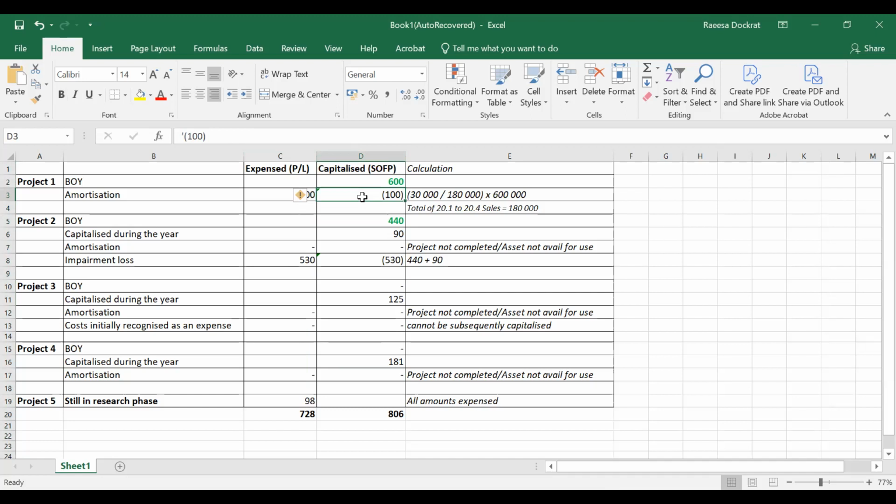Then if we look at project 2, it tells us that 440,000 was brought forward as capitalized costs. Okay, got that. And then it tells us that research and development costs incurred during the year was 90,000. So initially this project was considered to be highly profitable, but as a result of the release of a similar Sony product, which is more advanced than this product, the success of the project is now considered to be remote.